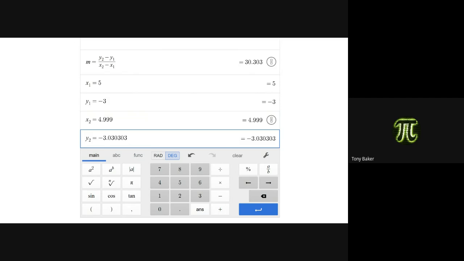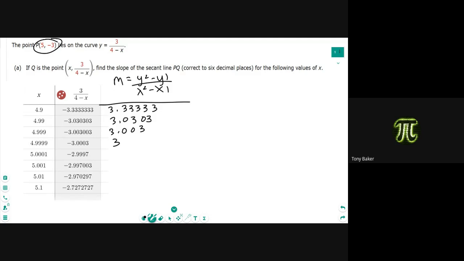Then .999, and it was 0.003. 3.003. And then 3. So you're defining the slopes for each of those as it goes there.